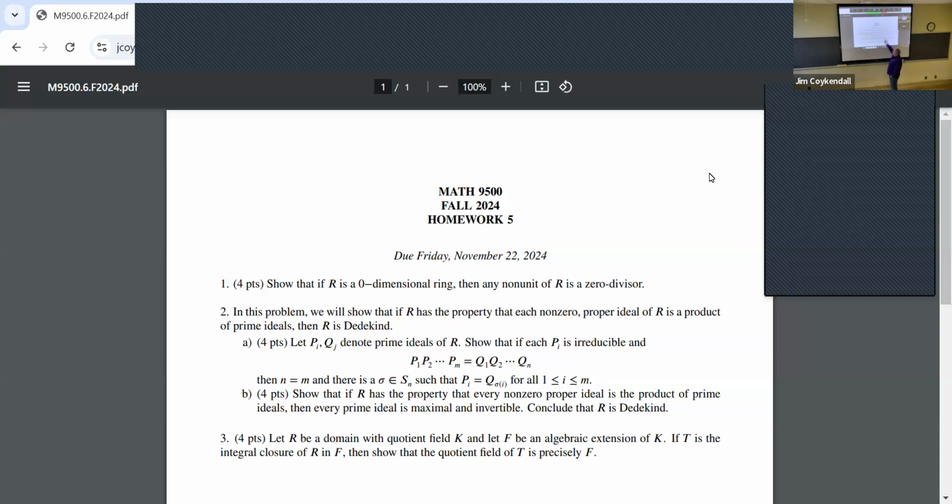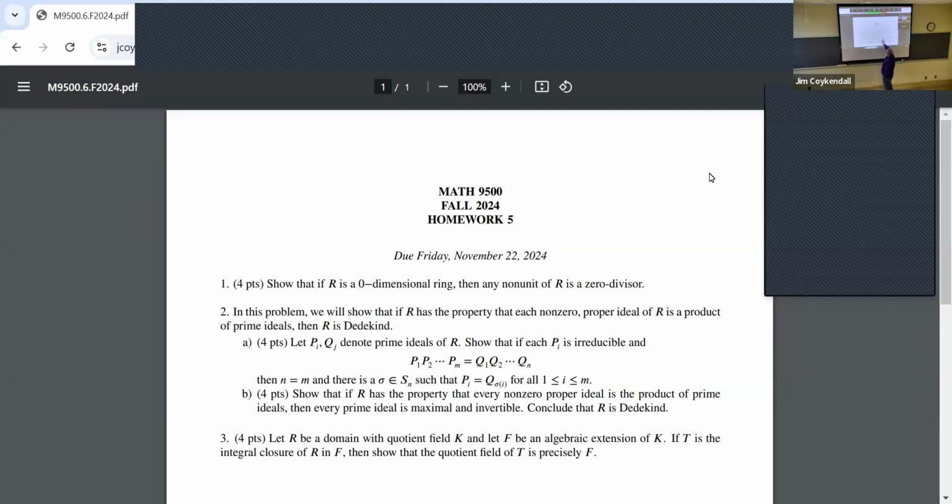Number B, show that if R has the property that every non-zero proper ideal is the product of prime ideals, then every prime ideal is maximal and invertible. Conclude that R is Dedekind. Again, the wording is supposed to help you.